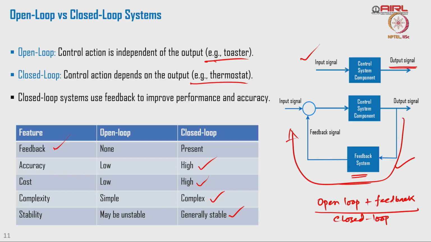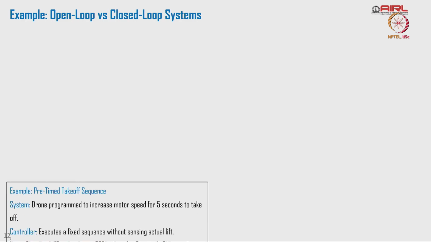What advantage are we getting? We are getting high accuracy, we are getting better stability, but at the same time we have to pay some price in terms of cost and complexity.